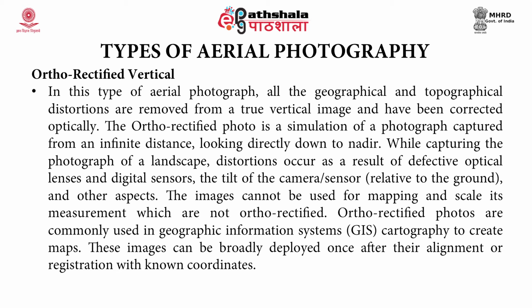While capturing the photograph of a landscape, distortions occur as a result of defective optical lenses and digital sensors, the tilt of the camera or sensor relative to the ground, or other aspects. Images which are not orthorectified cannot be used for mapping and scale measurement. Orthorectified photos are commonly used in geographic information systems and cartography to create maps. These images can be broadly deployed once after their alignment or registration with known coordinates.